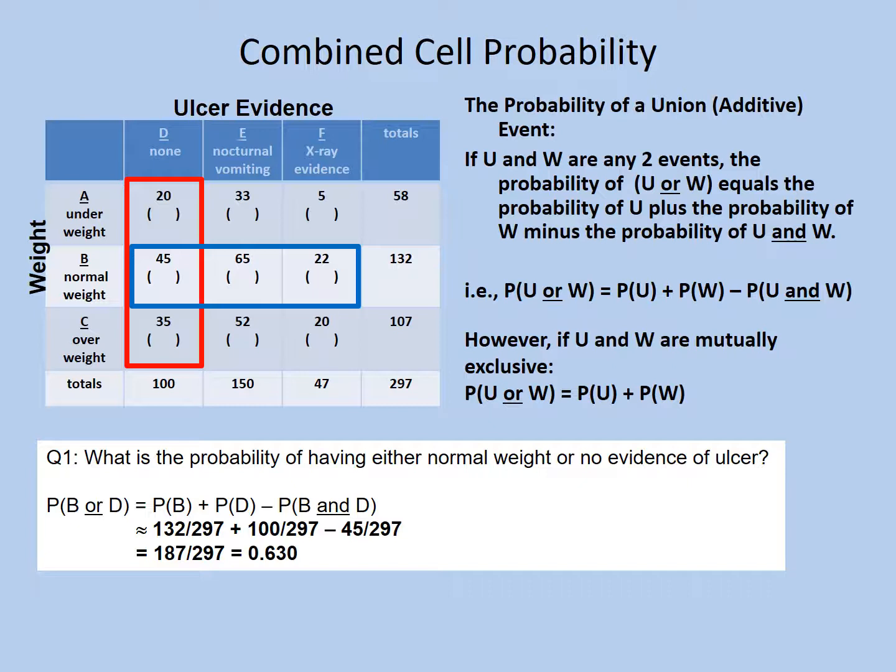P of D is 100 over 297, and P of B and D is 45 over 297. This combines together to be 187 over 297, which equals 0.630.